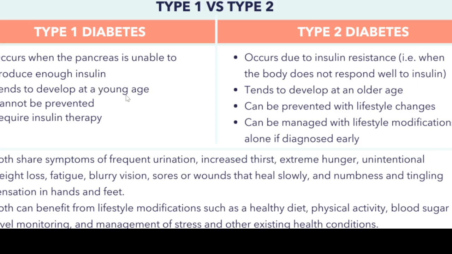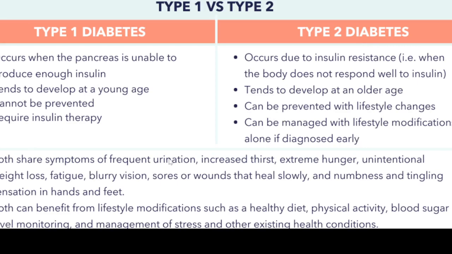This tends to develop at a young age, cannot be prevented, and requires insulin therapy or injections. Type 2 diabetes occurs due to insulin resistance, when the body does not respond well to insulin. It tends to develop at an older age, can be prevented with lifestyle changes, and can be managed with lifestyle modifications alone if diagnosed early. So different exercise and diet can help type 2 diabetes.